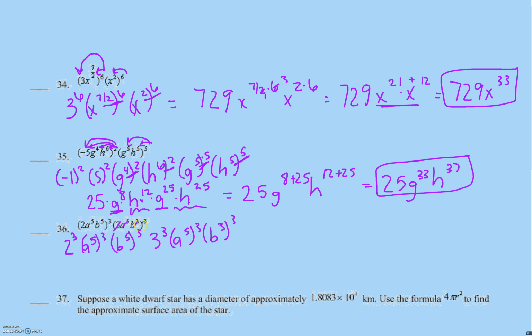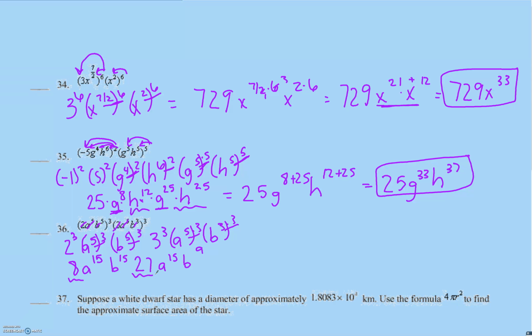Each one of those are their own things, so they each get that exponent. 2 cubed is 8. Multiply power, same base. Power to a power means we multiply our exponents. Same thing here. 5 times 3 gives me 15. 3 cubed is 27. A to the 15th, multiply those. B to the 9th, we multiply 3 times 3.